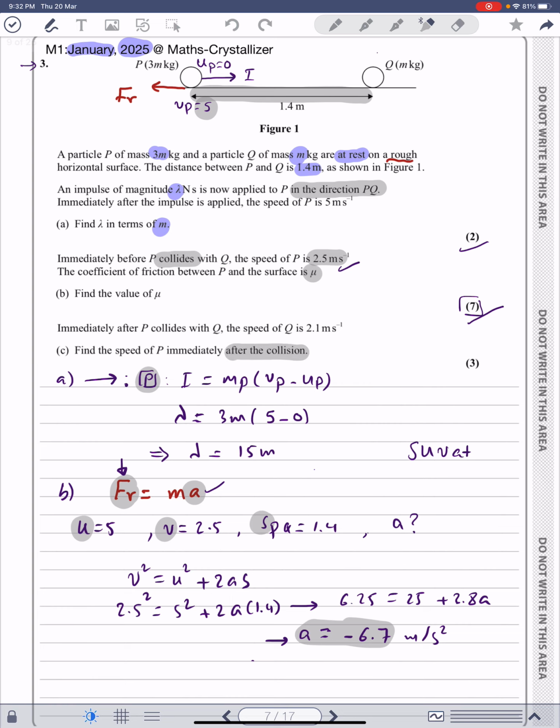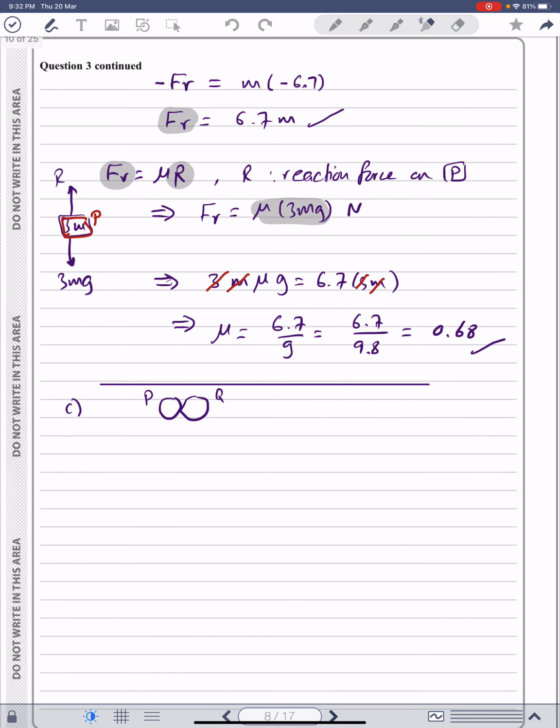Sketch the information again. So now what happened? This is P, this is Q. So we have now 2.5, which is U of P before it collides, V of P that he wants, Q. U of Q was 0 before collision, and he told us in the question that V of Q is 2.1 meters per second. What equation solves finding the unknowns in this?